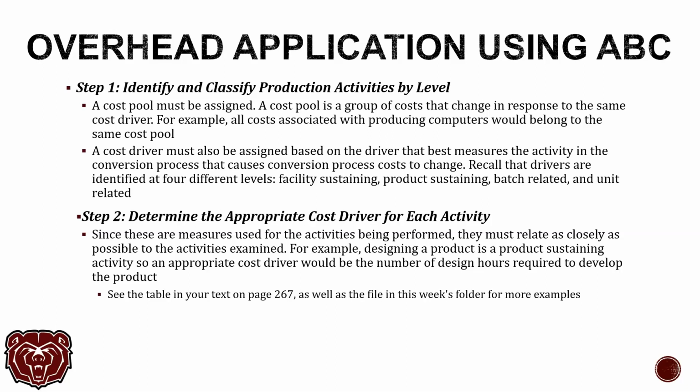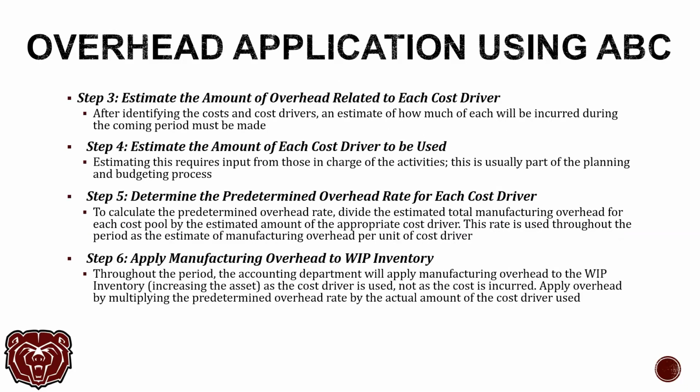The example I've got here is that if you're designing a product, that's a product sustaining activity. So the cost driver that you might want to use would be the number of hours it took to actually develop that product. Like I said, page 267 in your textbook, as well as the file that I'll upload to our folder this week, are going to have some pretty good examples for you.